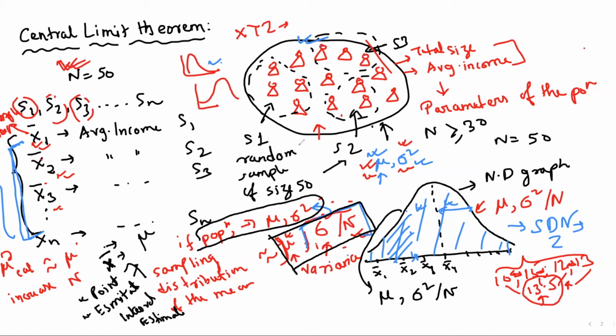So this was all about central limit theorem. Now let's go to a new screen where I will discuss skewness. Skewness is when we want to understand the distribution of a particular variable when we plot it in a graph.